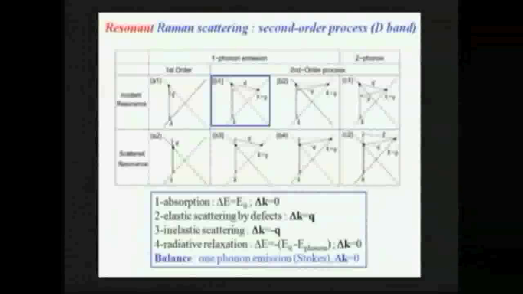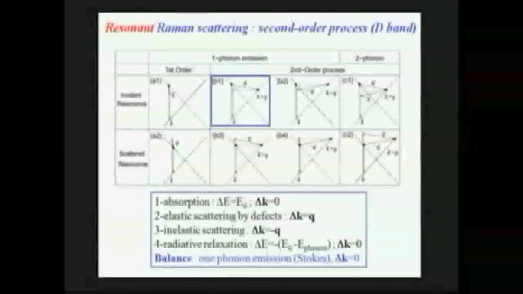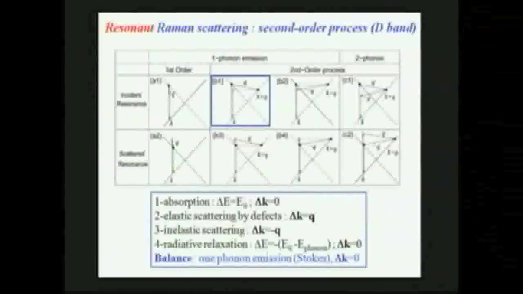So you consider that your resonance corresponds to a transition from this point on the curve to this one. And then, when you will relax, not exactly at the same energy, but you will first relax here to create your vibrational mode, and then relax here to emit a scattering photon.